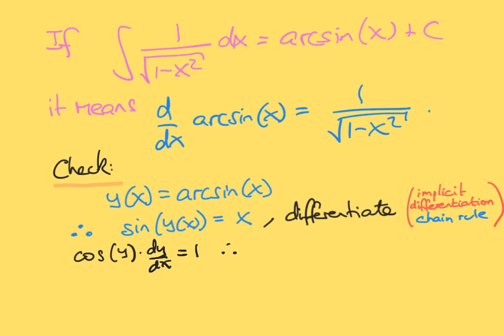So therefore, we have that dy dx is 1 over the cosine of y. Now, what do we know about y? Well, x is going to be between plus and minus 1 to keep the argument of the square root positive or 0.